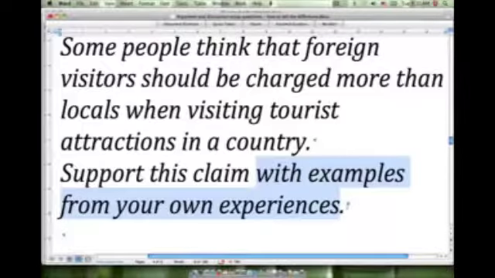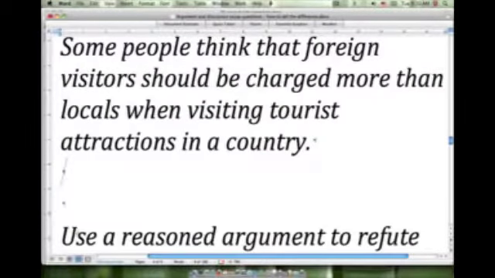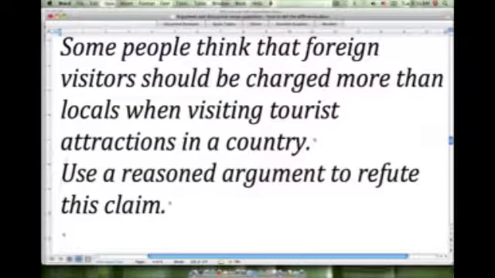Okay, so in this example, we would be writing an argument essay and we would be allowed to use personal pronouns. "Use a reasoned argument to refute this claim."